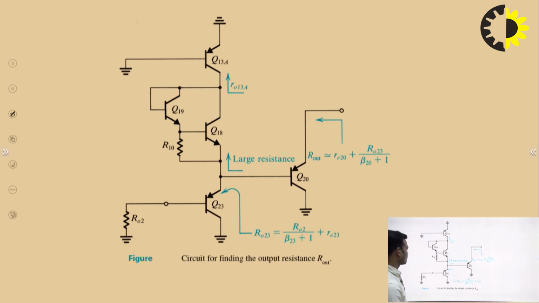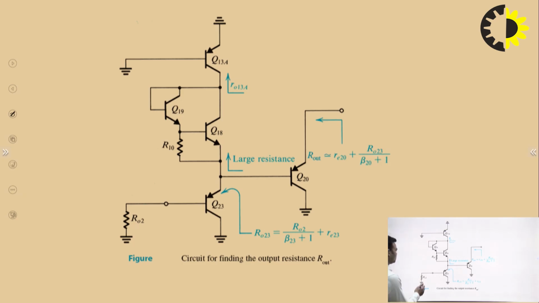For this case you can take the effect of various resistors. If you go towards the output side, it should get divided by beta plus 1. For example, this is the output resistance up to the second stage.